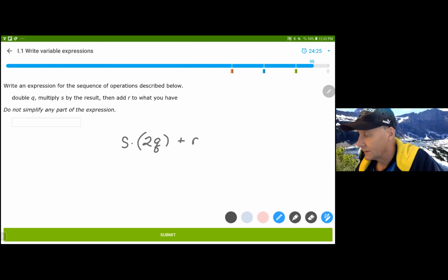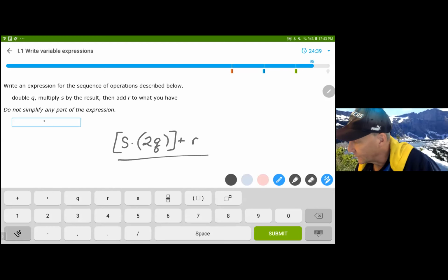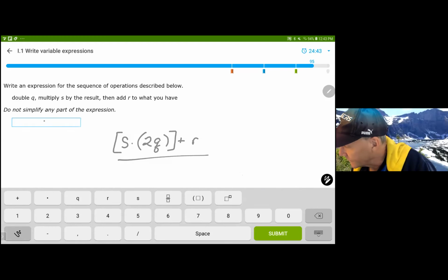Now, it's not wrong to do it this way because we know we have to do the multiplication before we do the addition. However, it is actually saying this in the problem. So I'm actually going to do it right this time. So we're going to put it in there. Oops, I didn't need to include the dot. Let me get rid of that real quick. I sometimes forget to turn off the pen.